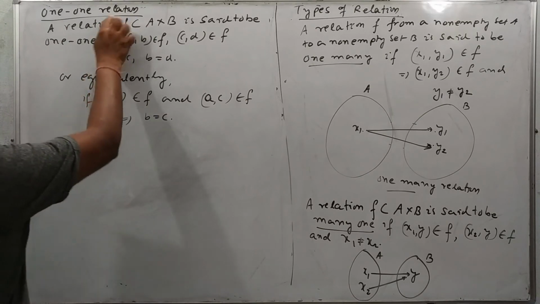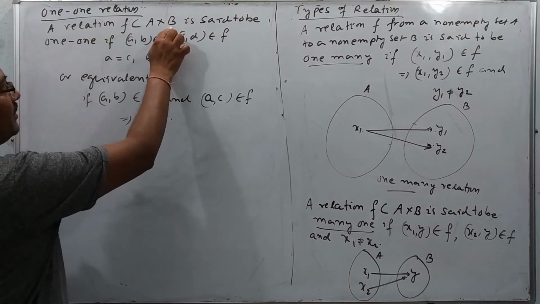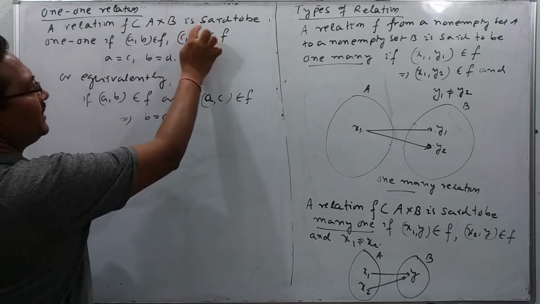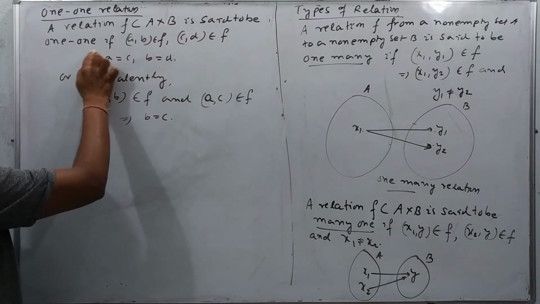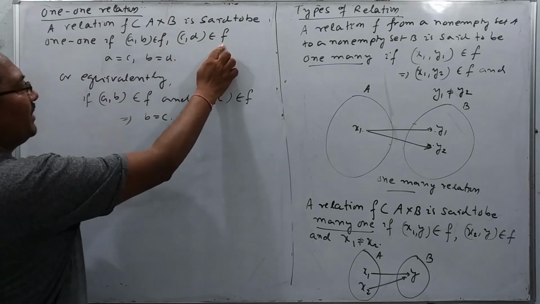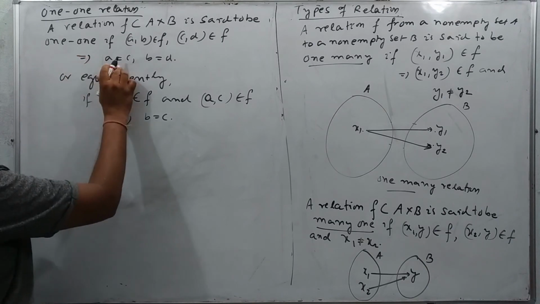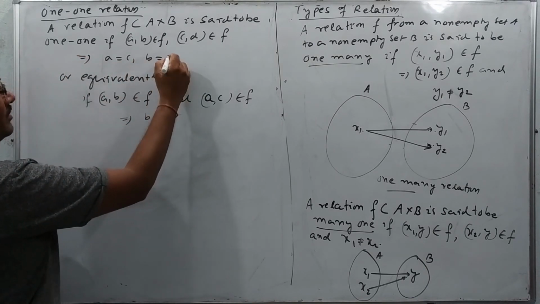One-one relation. A relation F from a non-empty set A to a non-empty set B, or F a subset of A Cartesian product B, is said to be one-one if (a,b) is an element of F and (c,d) is an element of F implies a = c and b = d.